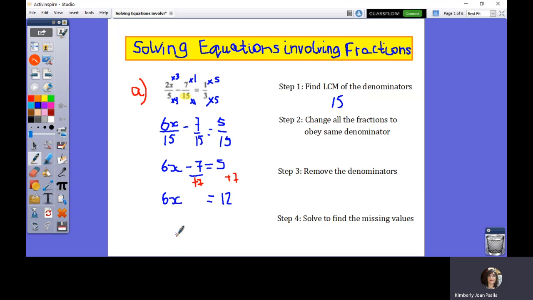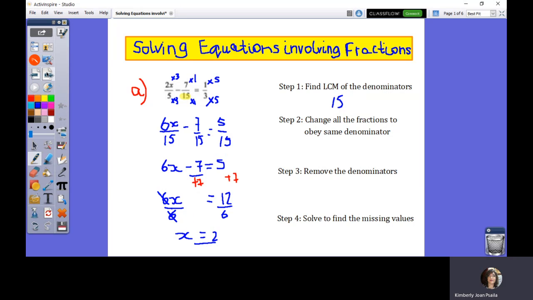Since 6x is equal to negative 2, what is x? We have to divide both sides by 6. 6 divided by 6 simplifies to 1, and we have the value of x, and there you have your final answer.